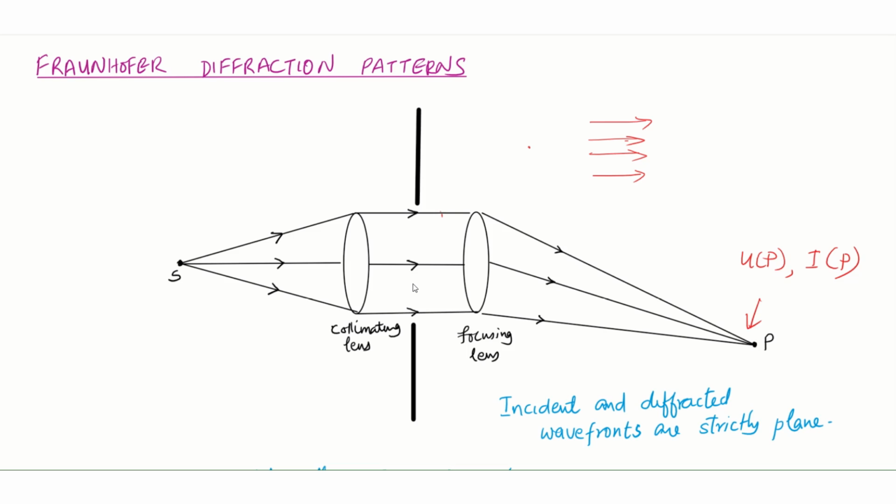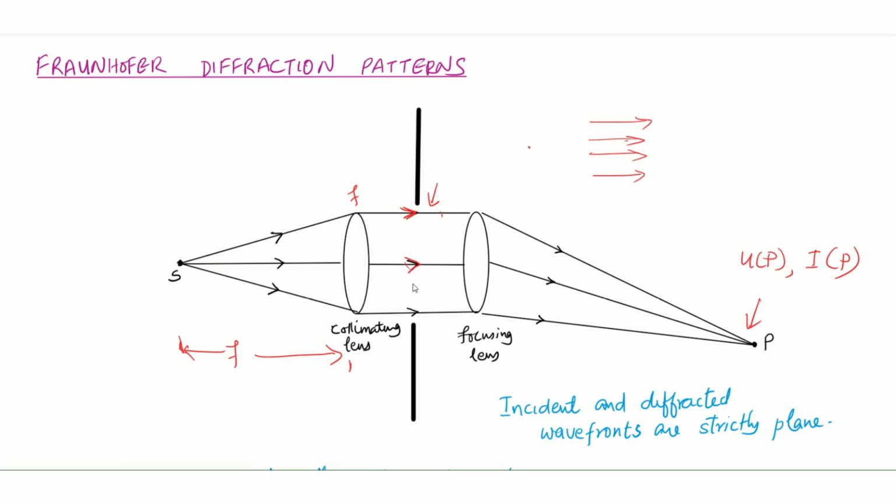But you can also use a collimating lens with focal length f, and if you keep it at a distance of f from the point source, whatever is coming out will be a parallel beam of light. That means at the slit, these are plane wavefronts.